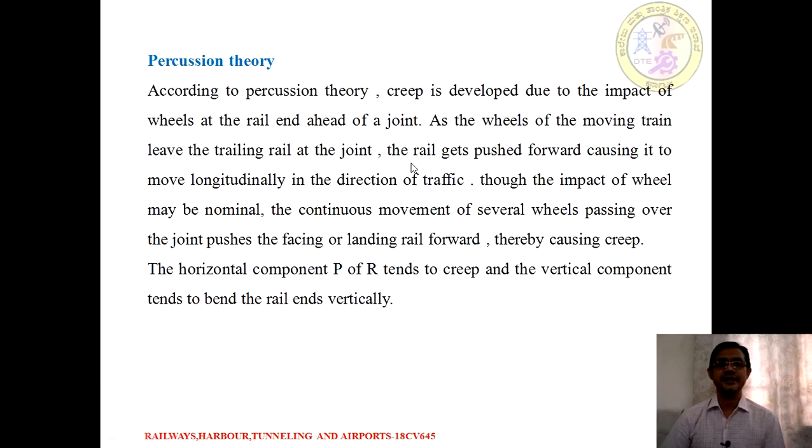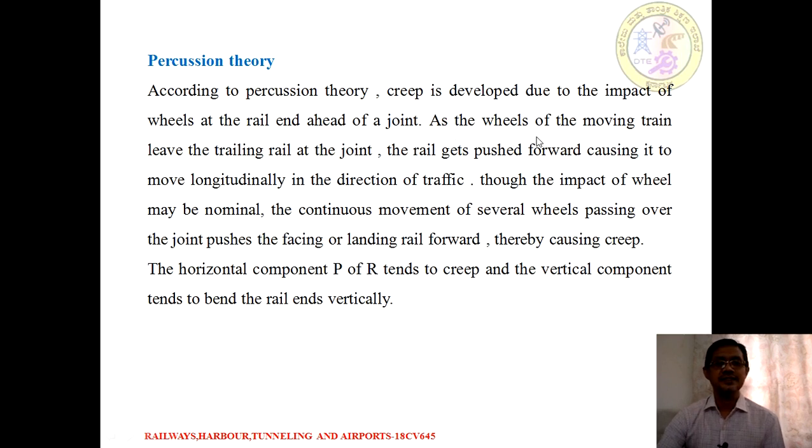Moving on to the next theory, called the percussion theory. According to this theory, creep is developed due to the impact of wheels at the rail end ahead of a joint. So here it is due to impact, whereas in the previous wave formation it was due to the contact of the wheel load.